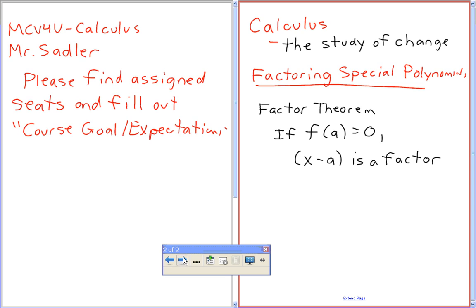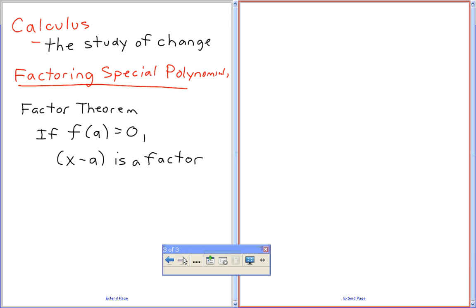Okay, let's start off with something like this. This one can be done instantly. Let's do it the old-fashioned way, though. Then we'll do the quick version in a second. So using the factor theorem, how would I figure out what a factor of that is going to be?